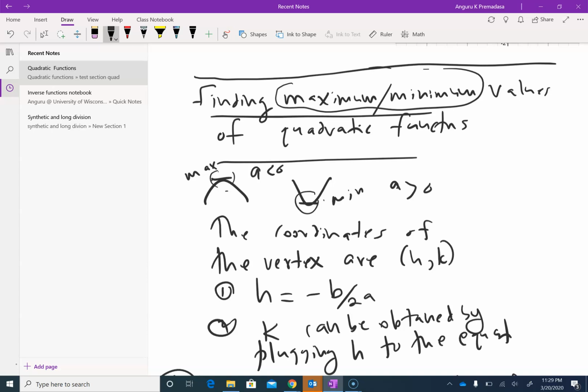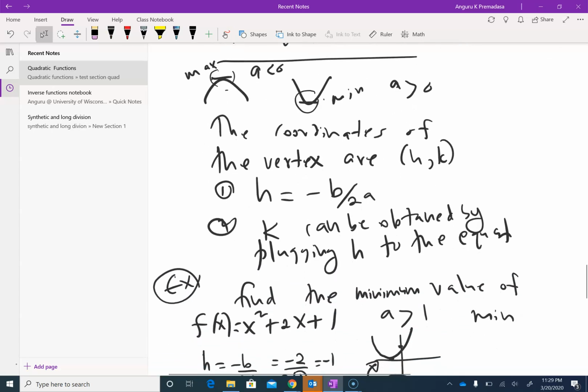But an easy formula is that the x coordinate of the maximum is given by negative b over 2a. If you think of the vertex as (h, k), the x coordinate h is given by negative b over 2a, and k can be obtained by taking this h and plugging it in the equation.